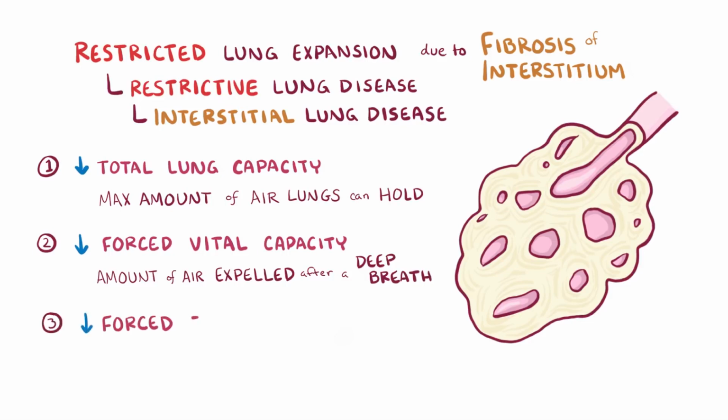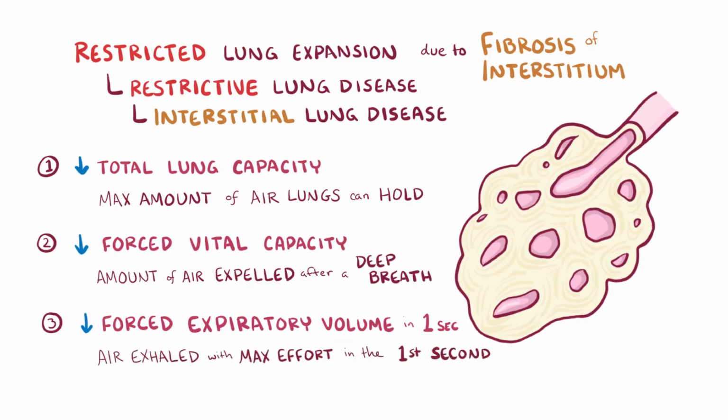And finally, a decrease in the forced expiratory volume in 1 second, which is the air exhaled with maximum effort in the first second. The excess collagen also leads to the loss of alveoli, creating fluid-filled spaces, or cysts, surrounded by thick walls in a pattern called honeycombing.